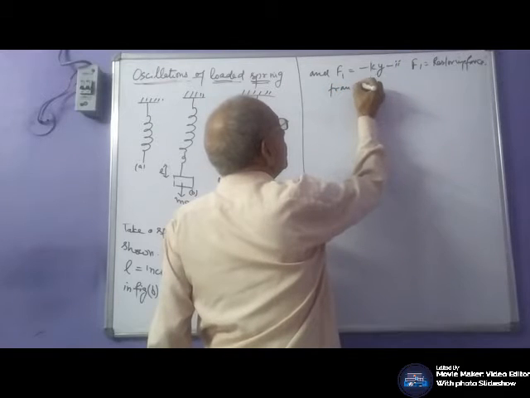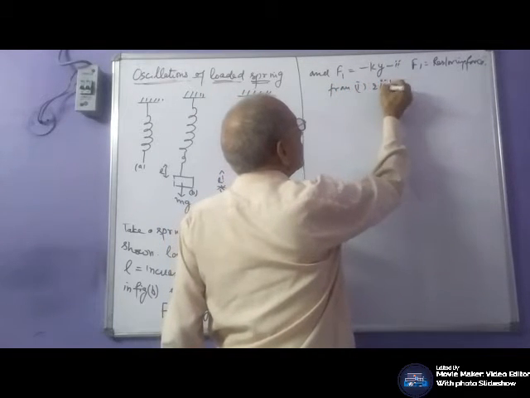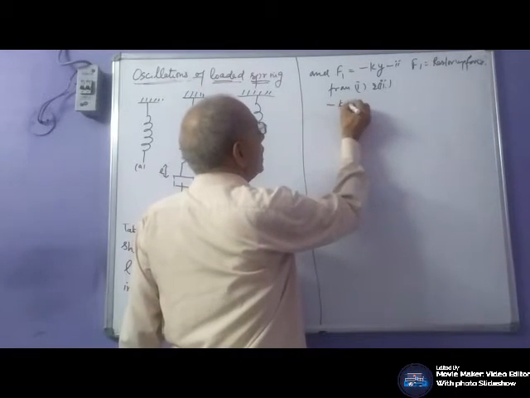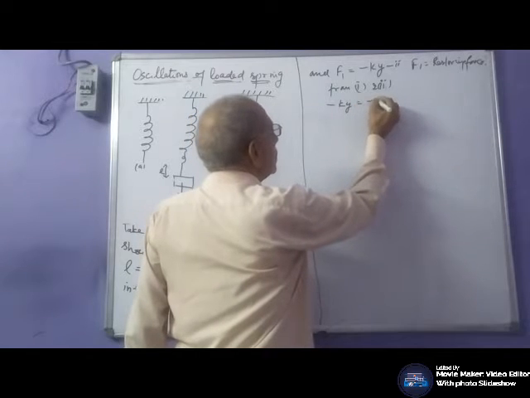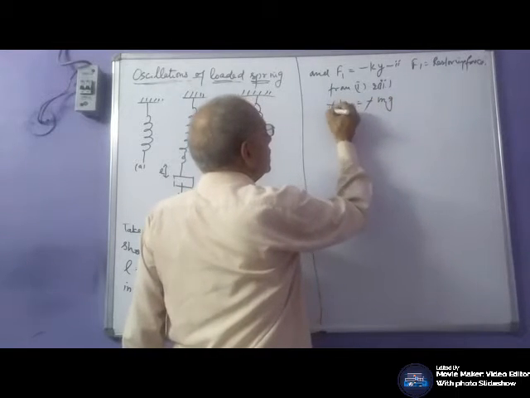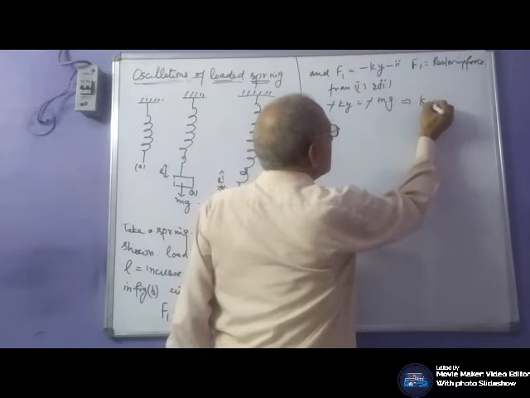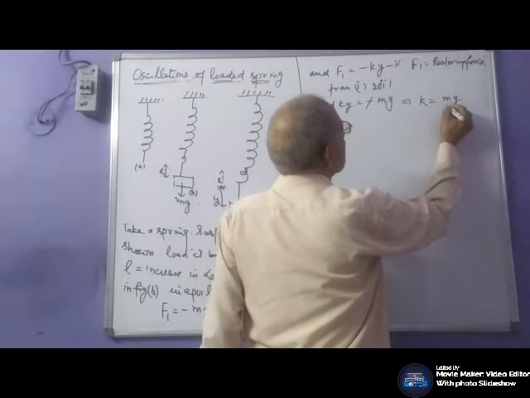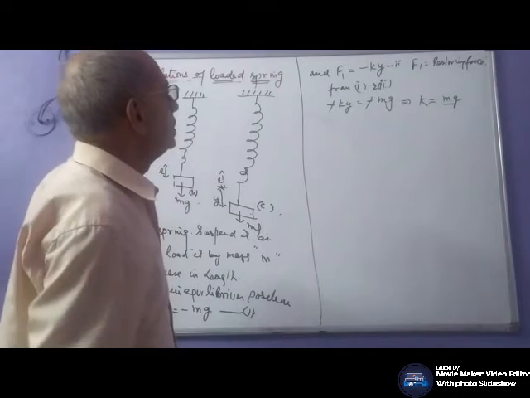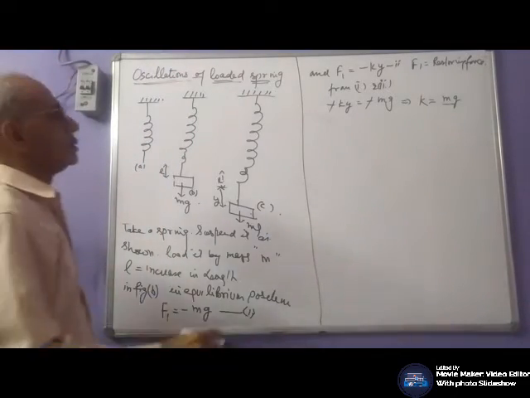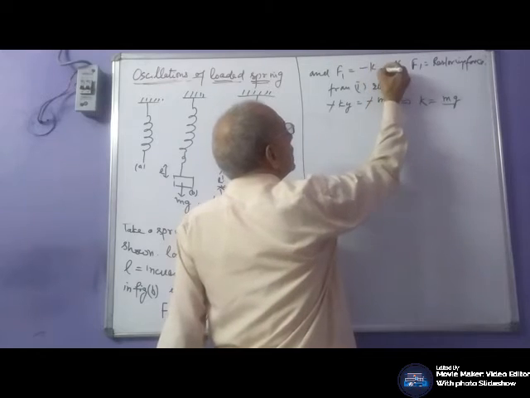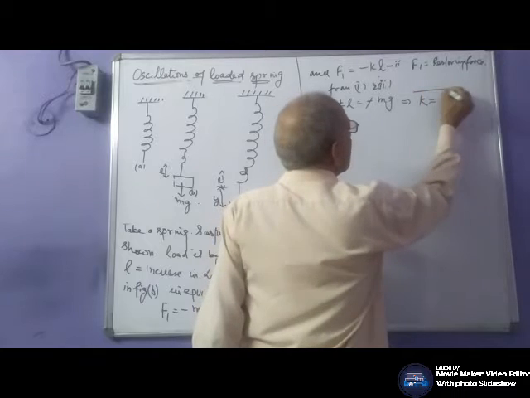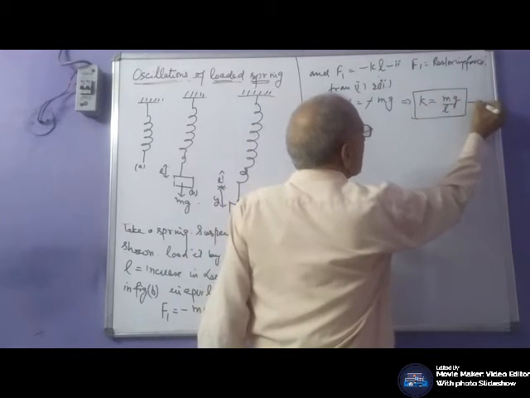From first and second, minus Ky, minus mg, minus with minus, the value of force constant of this spring is K = mg by L. The elongation was L. Third.